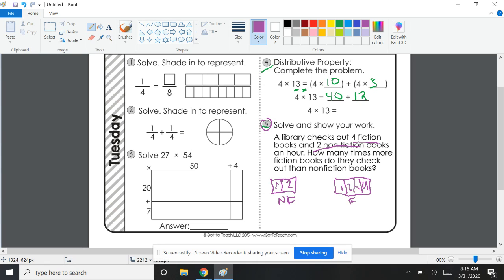I'm going to go back to the question, and it tells me how many times more fiction books than nonfiction books. So I can go 2 times what equals my 4. Now that's a little bit easier that we can write that out. We know that 2 times blank equals 4. So I'm going to let you guys finish solving number 5.